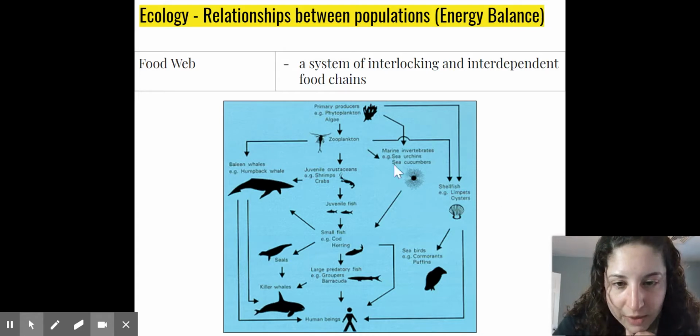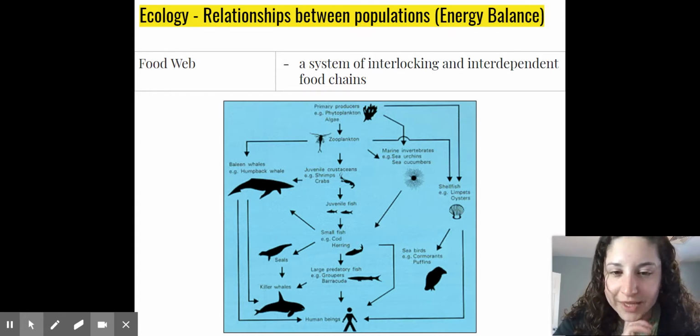So it looks like we are starting here with our primary producer of phytoplankton and algae. So from here, algae gets eaten by zooplankton, and then zooplankton can be eaten by three different things. So zooplankton can be eaten by baleen whales or the humpback whale.